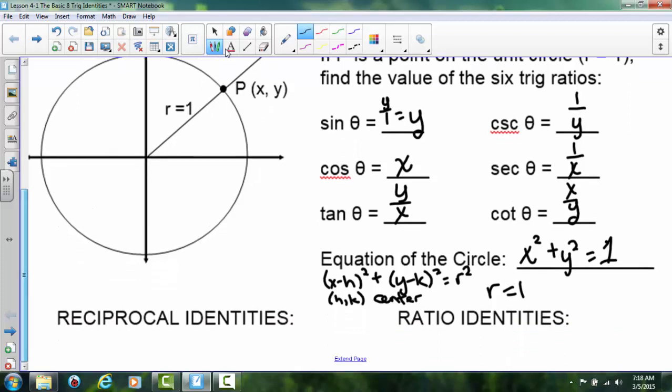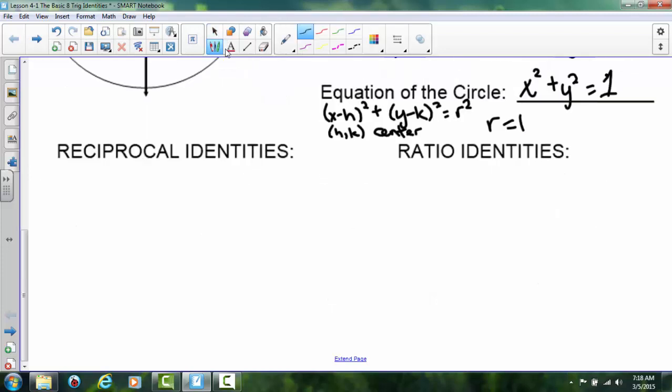For our ratios, we can come up with some reciprocal identities. So, since cosecant theta was the reciprocal for sine, instead of saying cosecant theta equals 1 over y, we can simply say cosecant theta equals 1 over sine theta.